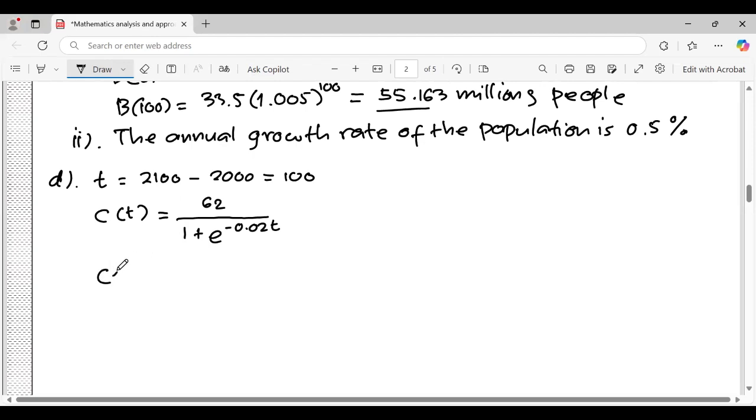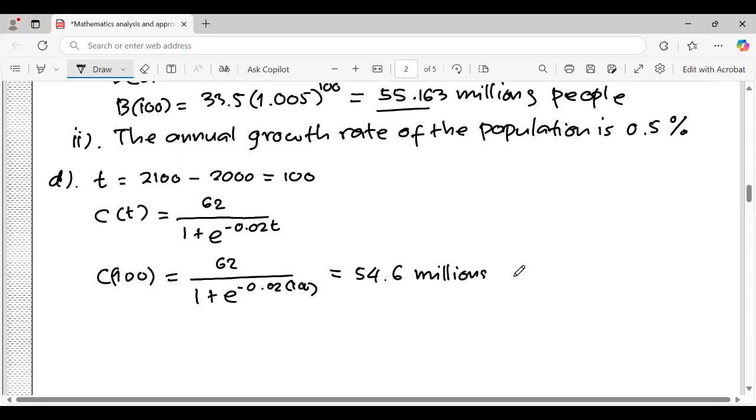If you substitute 100, 62 over 1 plus e to the power minus 0.02 times 100, and calculate, the result is 54.6 million people. Next question.